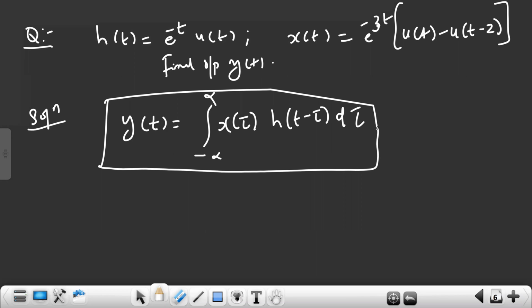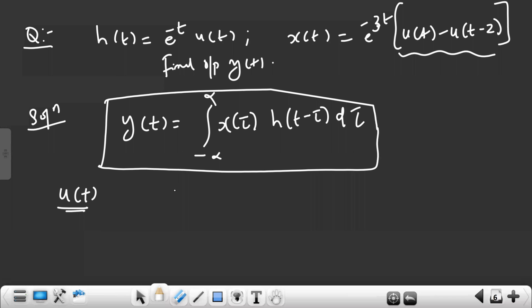Now observing this equation, first of all we need to plot x of tau. To plot x of tau, first thing you need to do is to plot u of t minus u of t minus 2. So I'll be plotting u of t first. U of t is something which is existing from 0 to infinity and its value is 1.